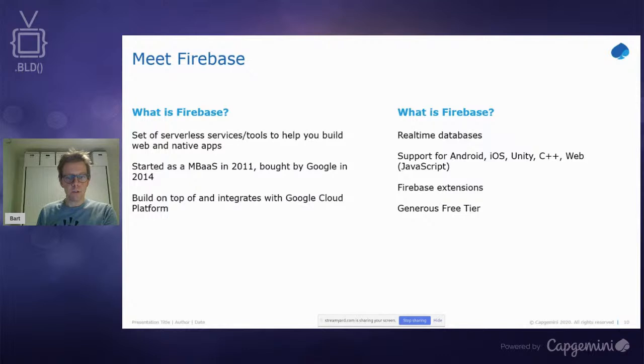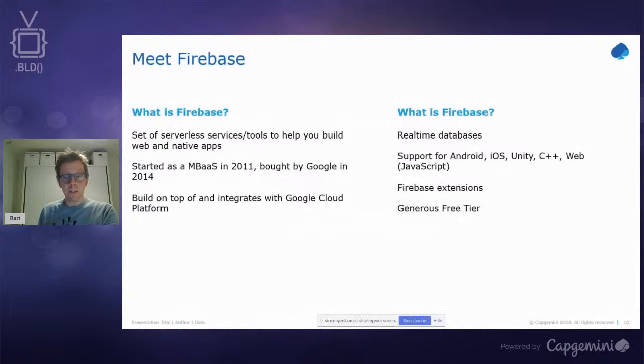And if there are certain solutions missing in the set of services and tools that you already have, there's always Firebase extensions that you can nowadays also look into, containing, for example, solutions to enable you to make payments in your app. So there is an integration or an extension for Stripe, and I think already one for the big Dutch payment company that recently went public, and that I'm now quickly forgetting the name of, but you sure all know.